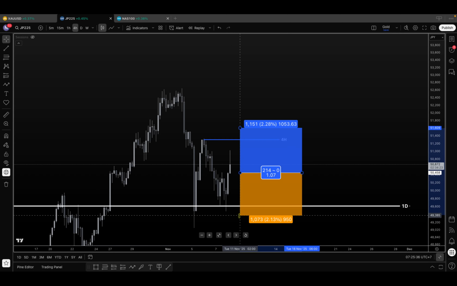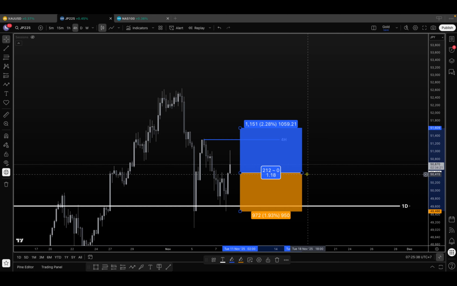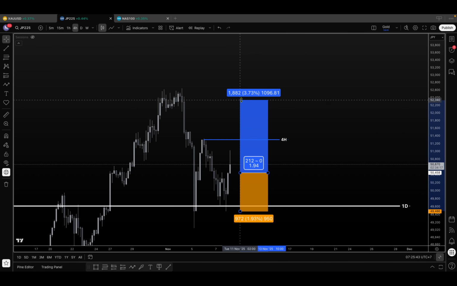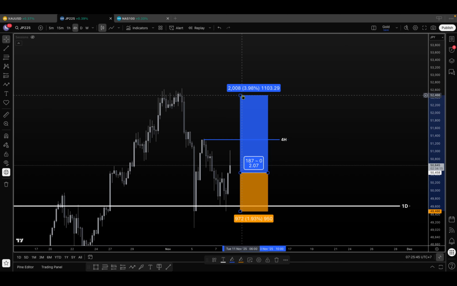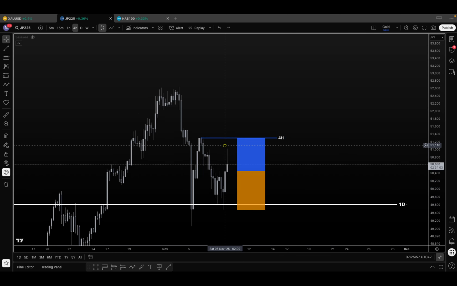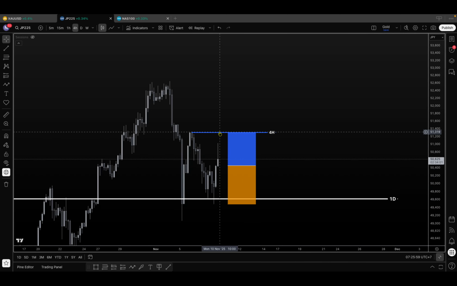And right now my entry is there, and my first TP is there, so it's 2R, right? But I will move stop to break even when the price is reaching this area, because once it reaches this area, there's a seller up here.